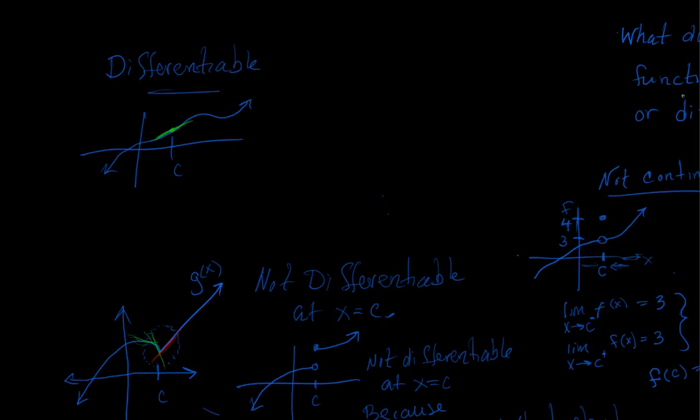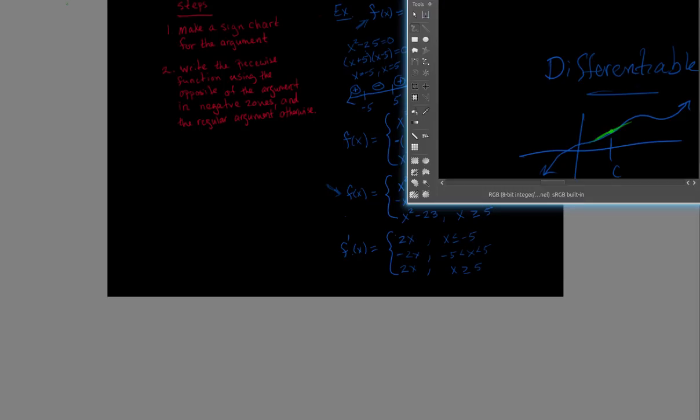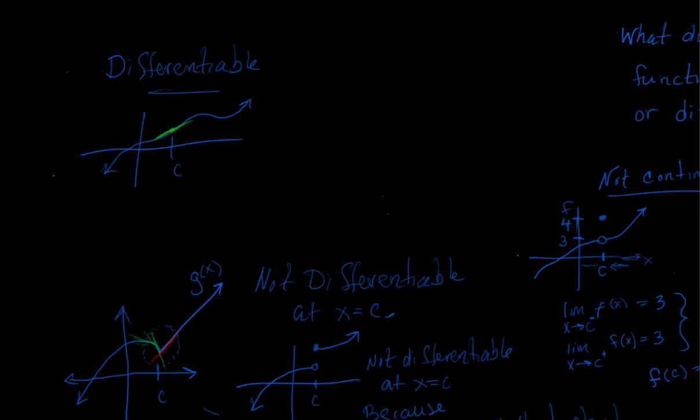And if we zoom in on this function, we'll get a picture that looks like this. And if we zoom in right here, where x equals c, it will look even more like that. In fact, the more we zoom in, the more it will look like its tangent line. So, a function is differentiable if the more you zoom in, the more it looks like its tangent line.